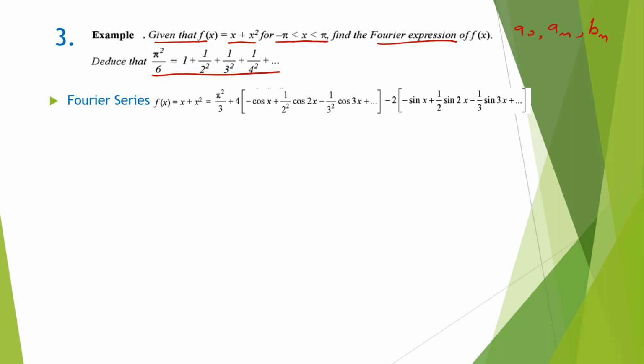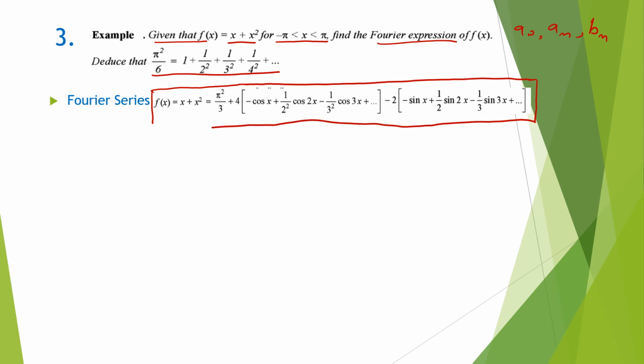The Fourier series for the given problem, f(x) is equal to x plus x square, is equal to this Fourier series. Now we have to verify and compare the Fourier series with our given problem. This is the given problem.